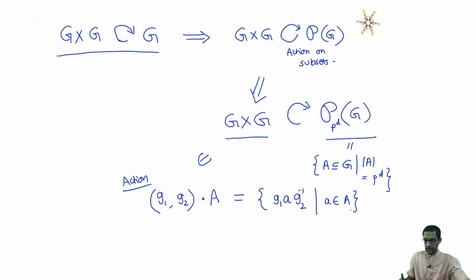So I get g1 a g2 inverse for every element a in A. Take the collection of all such elements, and that is another subset whose cardinality is p to the power d. That subset is what you define the action to give you. So I'm just recalling the definition of the action on subsets.